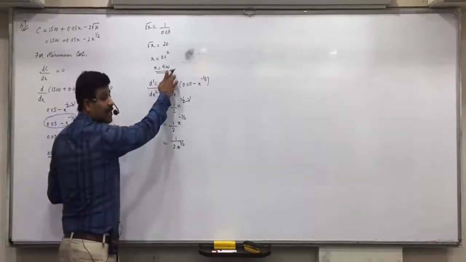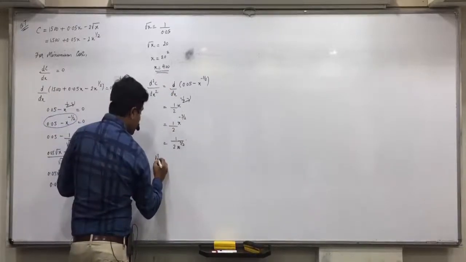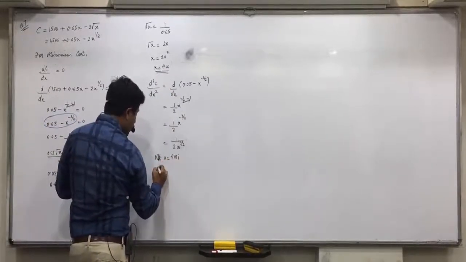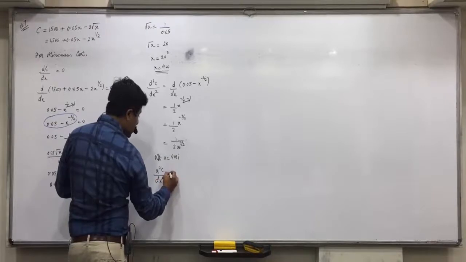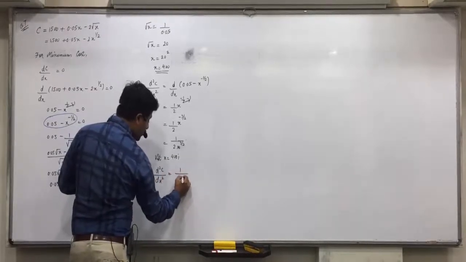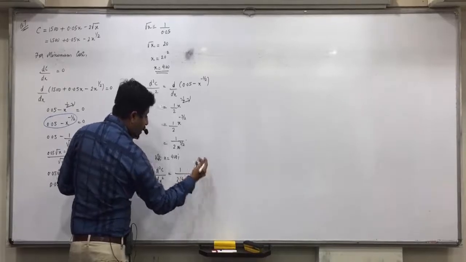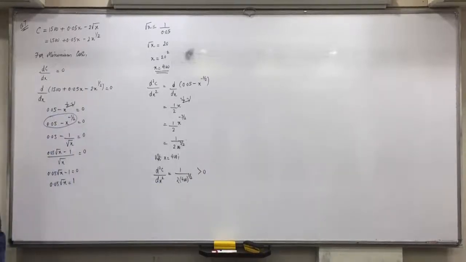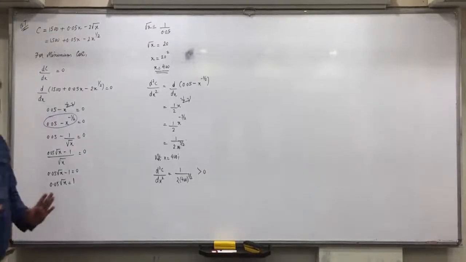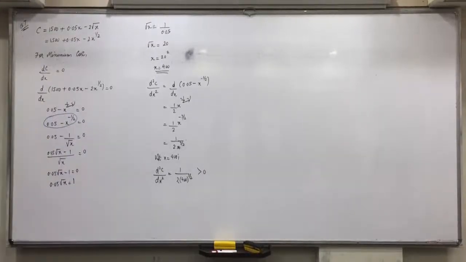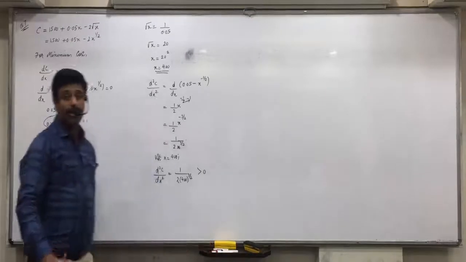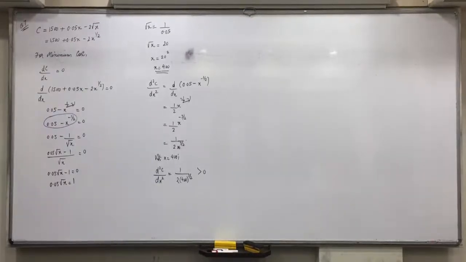Now only one value is there which we have to substitute. Let x equals to 400. d square c upon dx square equals to 1 upon 2 into 400 raised to 3 by 2, which will be greater than 0. As I said, you don't have to find its value. This will be coming greater than 0. Thus, it is proved that production cost will be minimum when 400 units are produced. Is everyone clear with this?